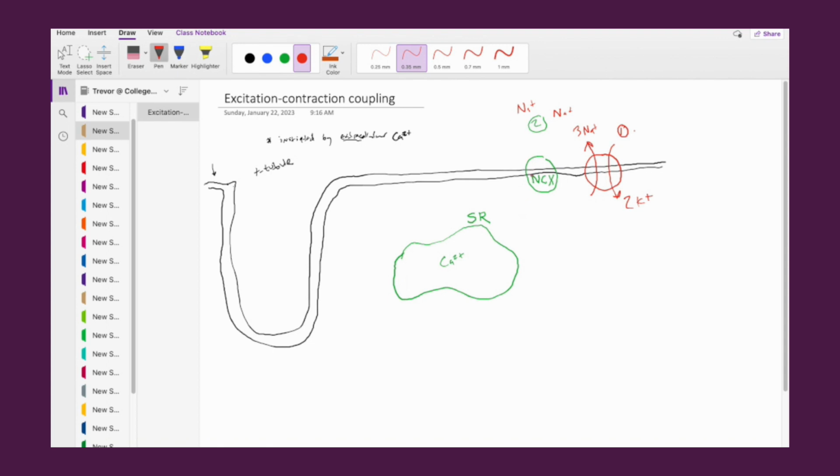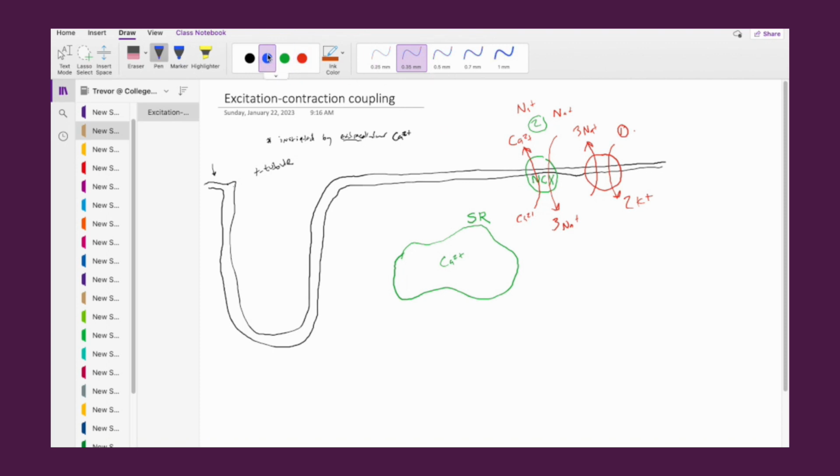So sodium is going to want to move into this cell where the concentration is low. We'll draw that. So 3 sodium move into the cell, down its concentration gradient, which can then power the movement of calcium up its concentration gradient. And it's pumped outside of the cell. And in this way, we can keep the calcium concentration within the cell low.